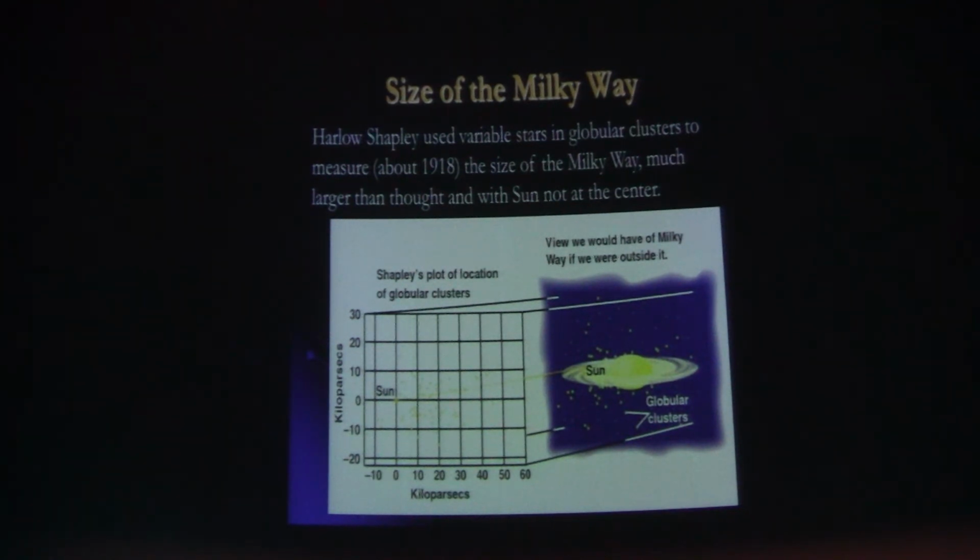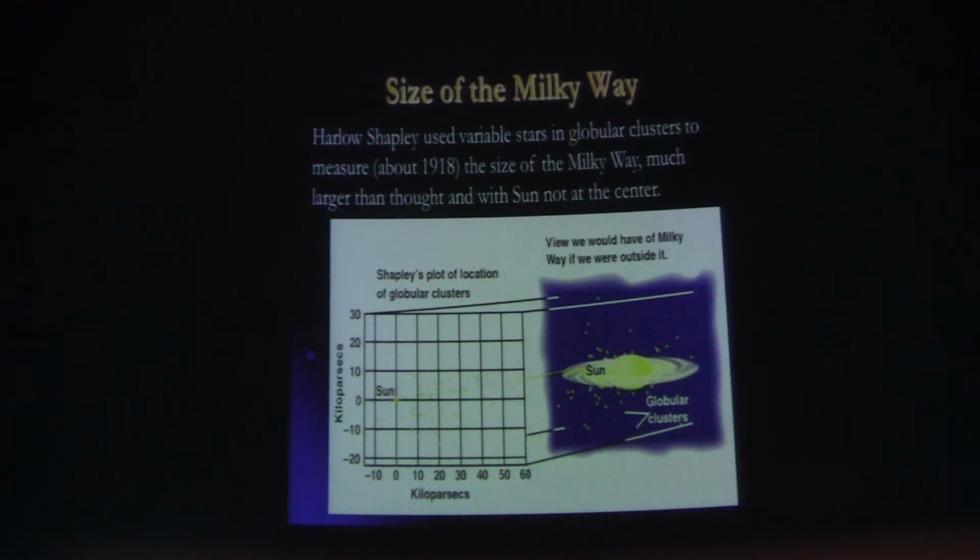At the time, this was a profound discovery, because just like Copernicus removed the Earth from the center of the solar system, Shapley, by measuring distances to the globular clusters, said there is no reason the Sun should be in the center of the Milky Way. In fact, it's in some random place, 1/3 of the way towards the edge. And so this was a very important discovery.